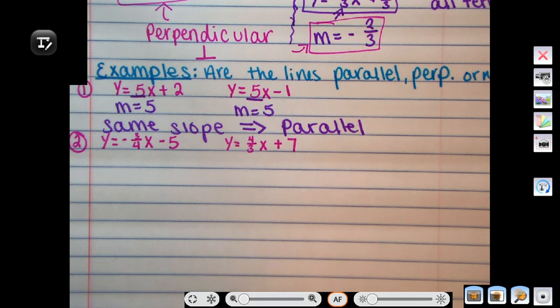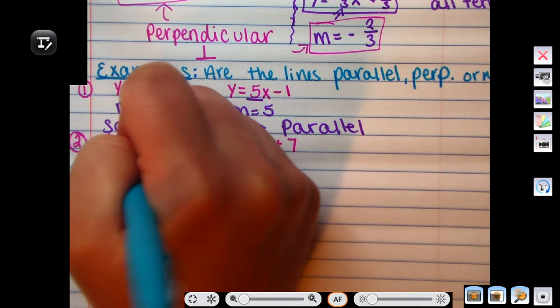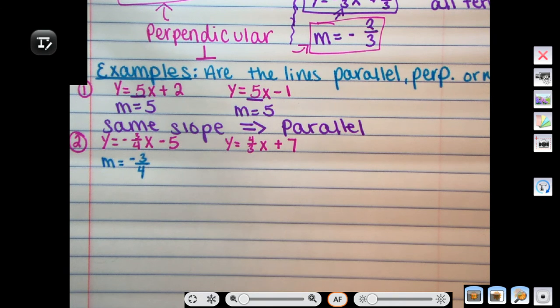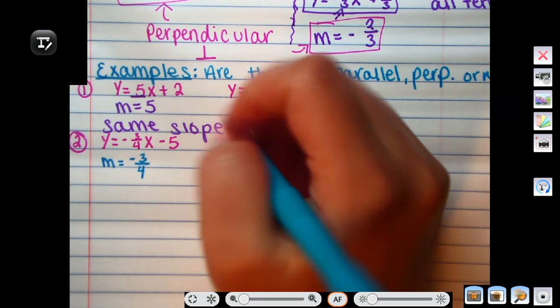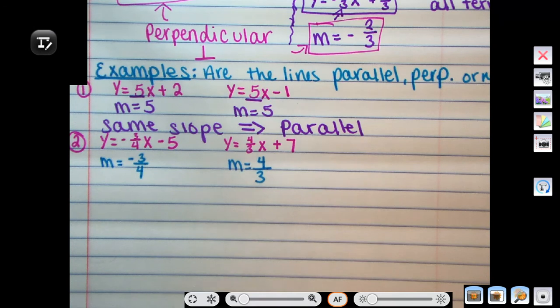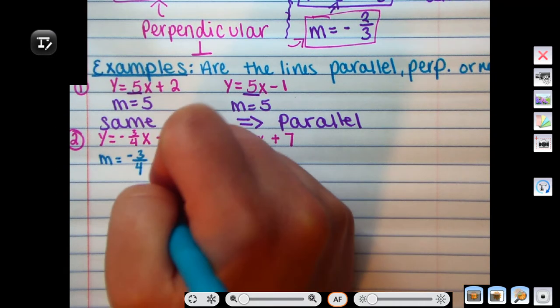What is the slope of the first equation? Negative 3/4. And what is the slope of the second equation? Positive 4/3. So what do we notice about those? They're not the same, but they are opposite, negative reciprocals. So flipped and then the opposite sign. So that means they are perpendicular.